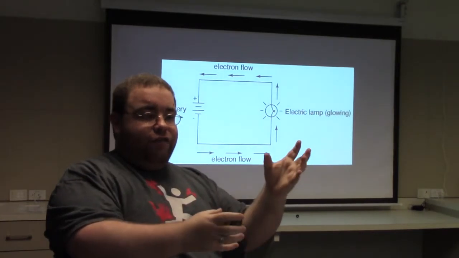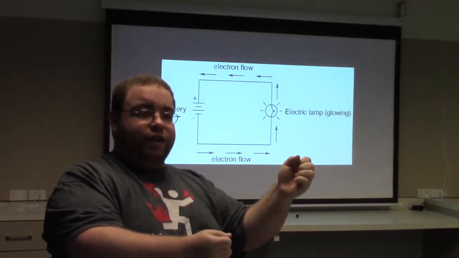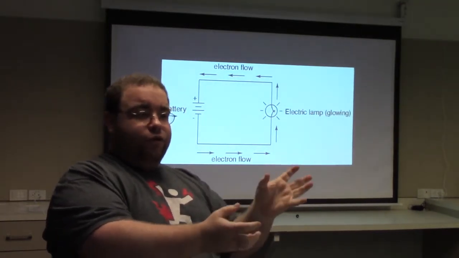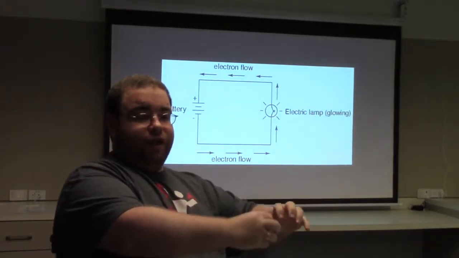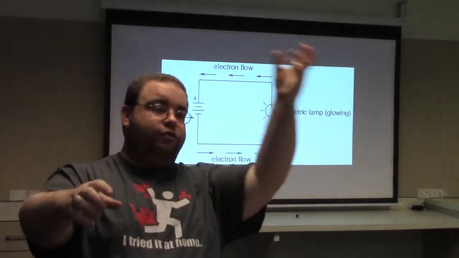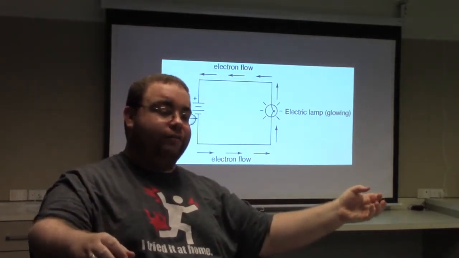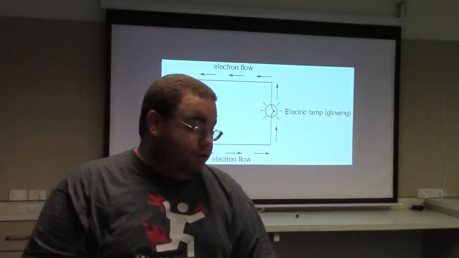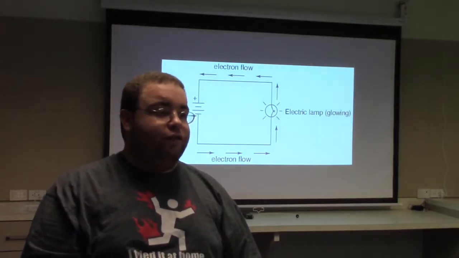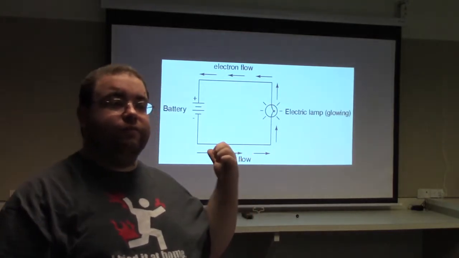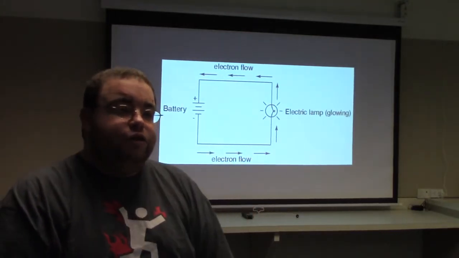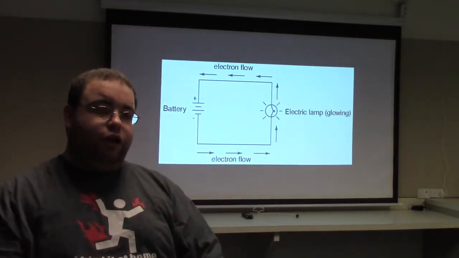As soon as you connect those two things together with a conductor, it's going to want to equalize that. All the ones on the negative end are going to repel each other and try to move through the conductor to get to the positive end where they're being attracted. Because they really want to do that, they're going to be willing to shove themselves through the resistant electric lamp, which will glow since it's heating up.